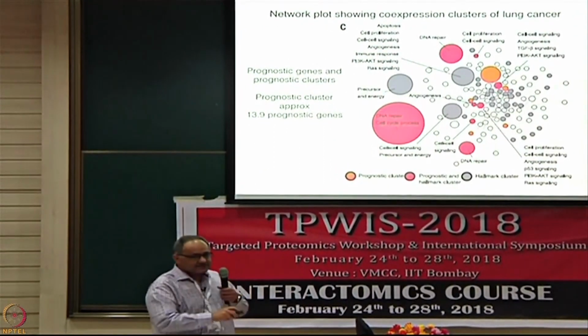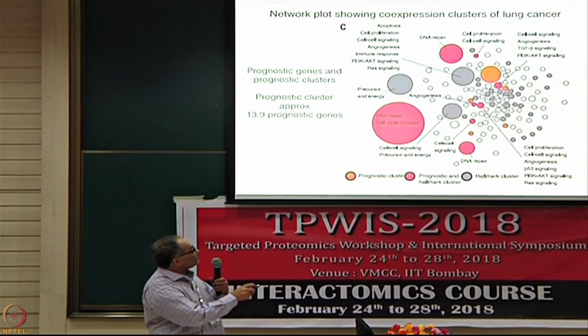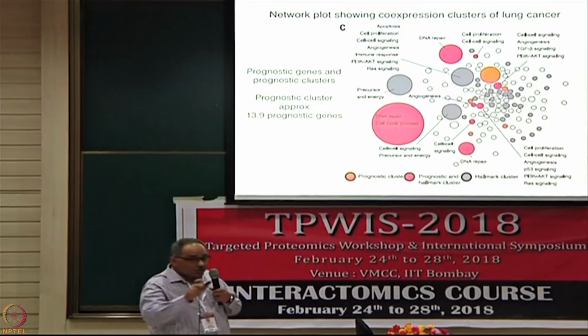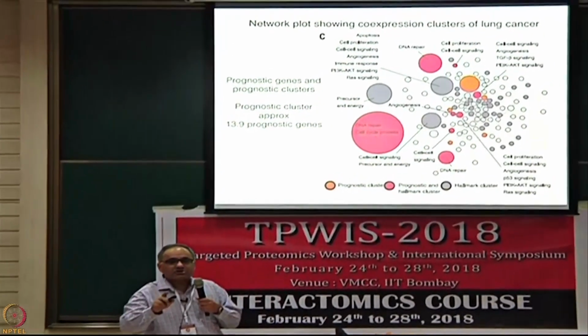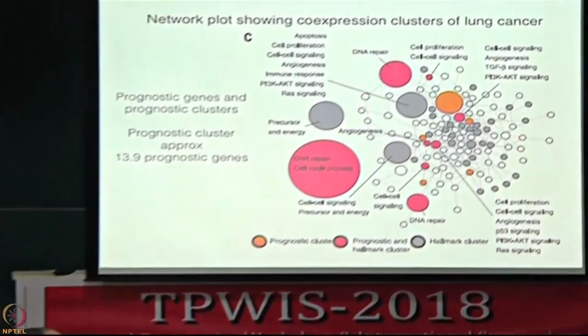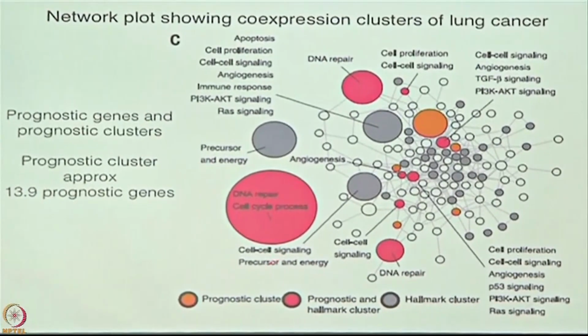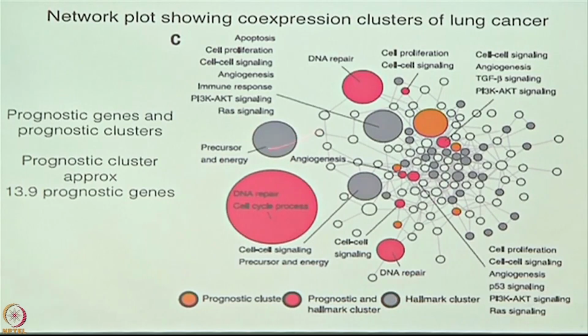And in this diagram, the reverse is true. If you look at the periphery, the large ones are the ones which have a greater chance of having an effect. The inner ones, not so many. And also, the differences are highlighted. The gray ones are the hallmark clusters.